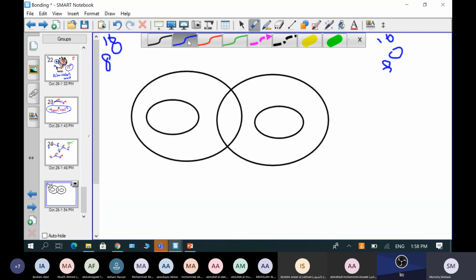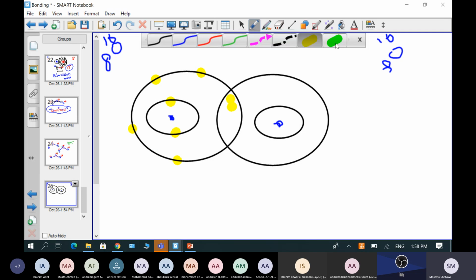And we have here the nucleus. This is a nucleus here, and this is a nucleus here. The first energy level still has 2 electrons, and the second one has 6: 1, 2, 3, 4, 5, 6.